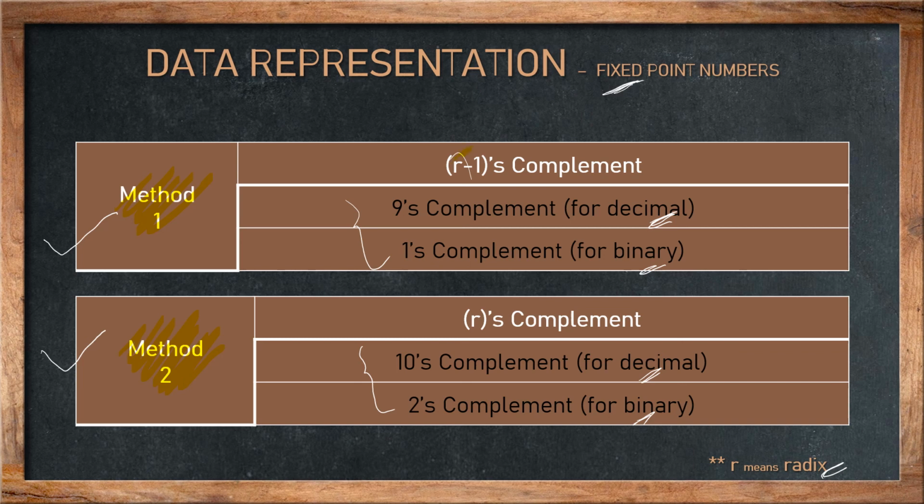The first method is the r minus 1's complement, which contains 9's complement for decimal numbers and 1's complement for binary numbers. Similarly, for the r's complement, 10's complement is for decimal numbers and 2's complement is for binary numbers. So this is about the data representation techniques. We will learn about fixed point numbers in more detail, along with the sums and calculations, in the next lecture.